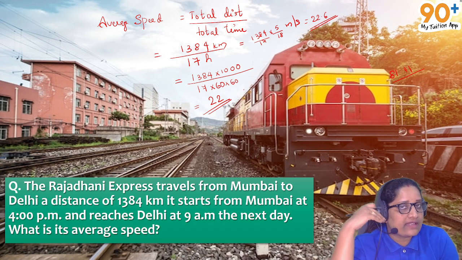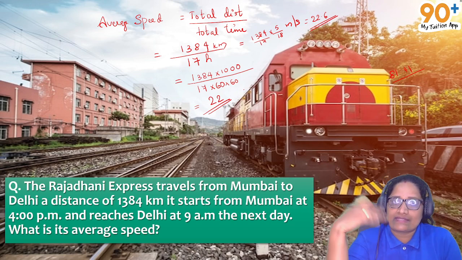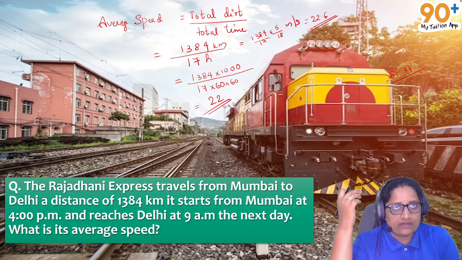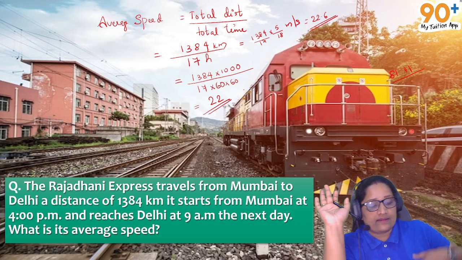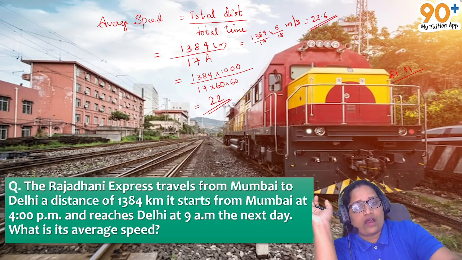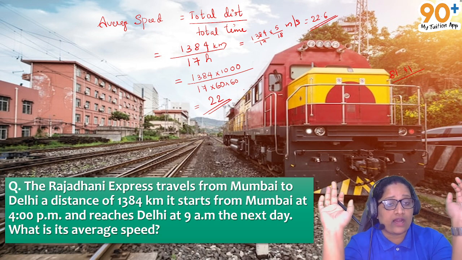It is less than 1700, so definitely the speed will be less than 100. You got the point of what I mean. Suppose, imagine you all are going somewhere in your car.